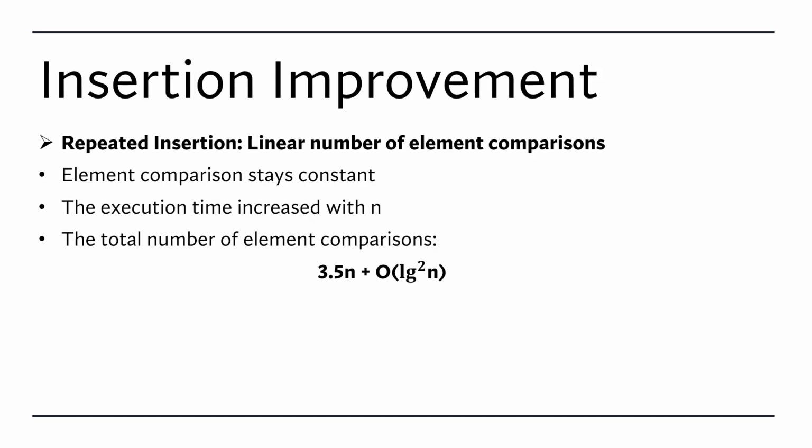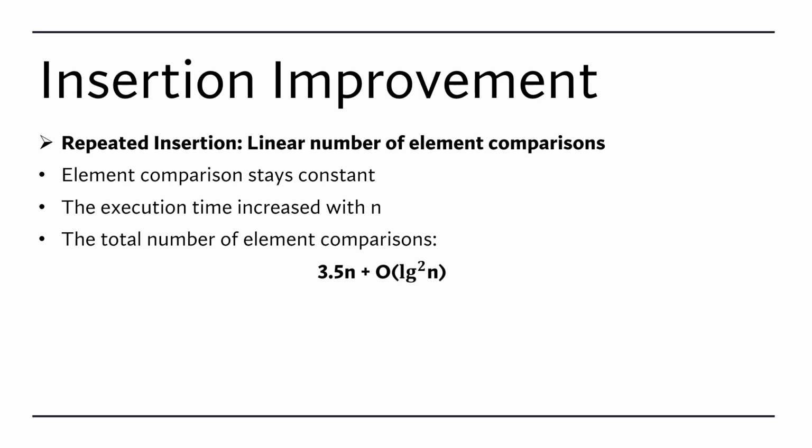Now we want to see the two insertion improvement methods of this article in detail. The first one is the repeated insertion method. In a standard weak heap, we insert an element E into the next array entry and do the shift up operation. This requires O(log n) time.